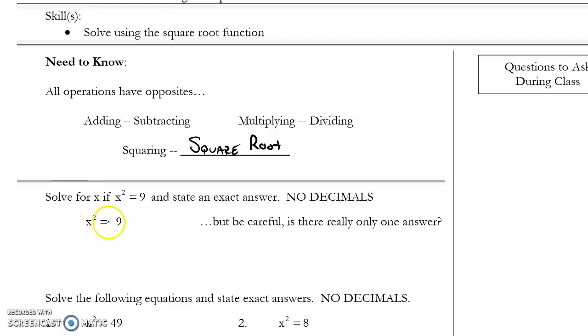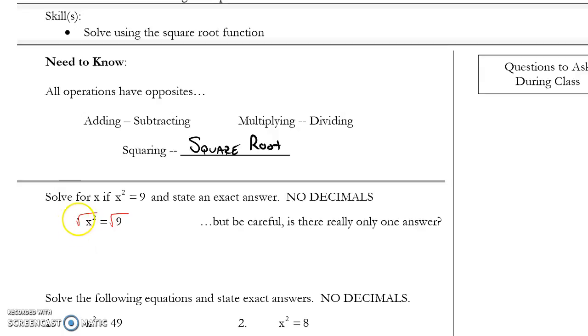That means if I have x squared equals 9, I don't have x by itself anymore. Just like if it was 2x equals 10, I would divide both sides by 2, because multiplying and dividing are opposites. X squared, I can undo by taking the square root. Those are opposite operations, but anything I do to the left side of my equation, I have to do to the right side.